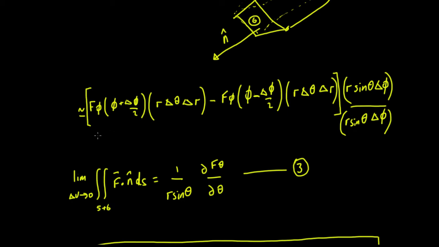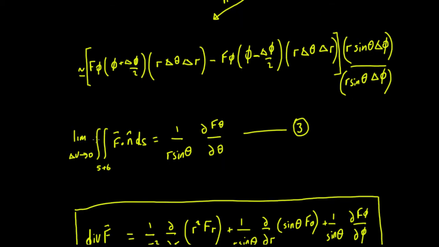So in order to get the flux at a single point, we're looking at the limit as the delta V tends to 0 of the surface integral of the normal component of our function.